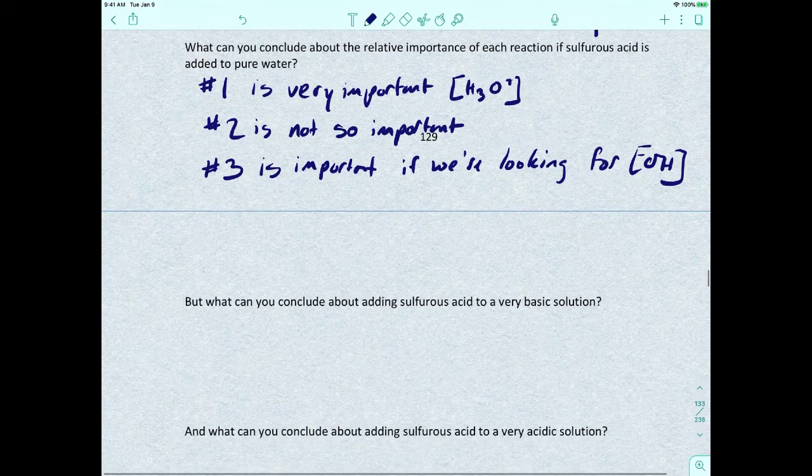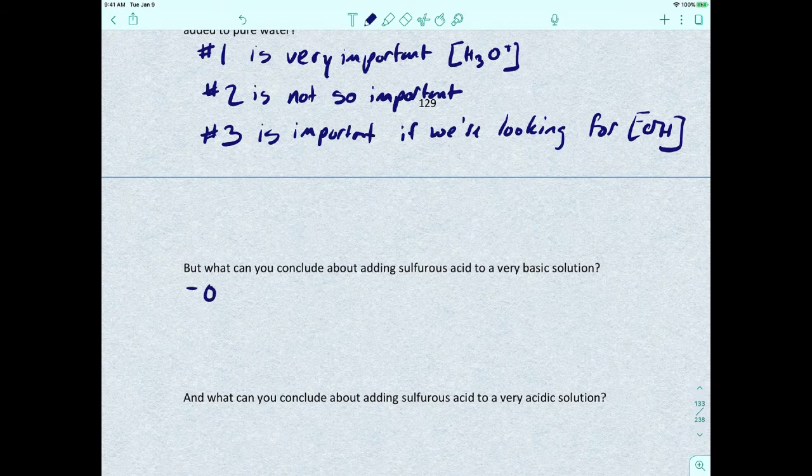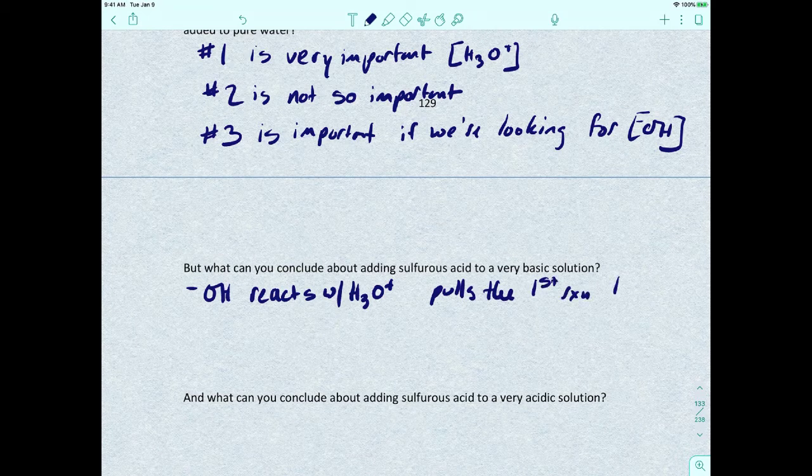All right, so what can we conclude about adding sulfurous acid to a very basic solution? Well, what we know is that hydroxide ion reacts with hydronium ion, H3O+. When that happens, it pulls the first reaction towards products, and it reduces H2SO3.